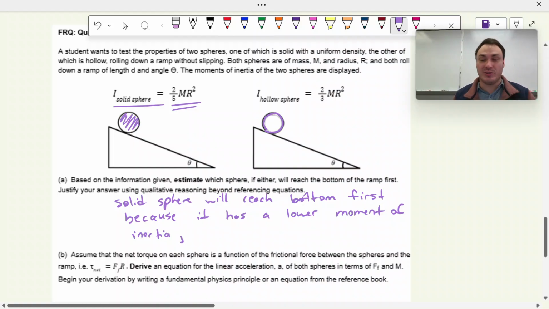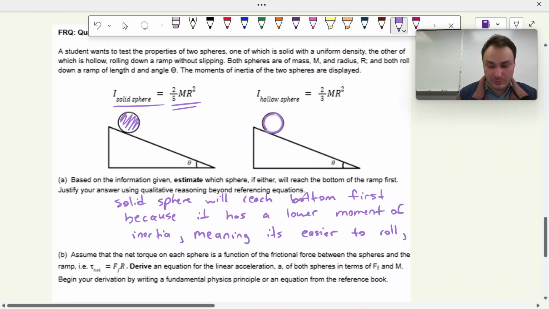It's less resistant to change in rotation, to change in angular acceleration or angular motion.